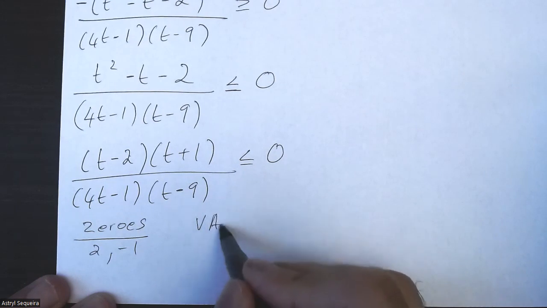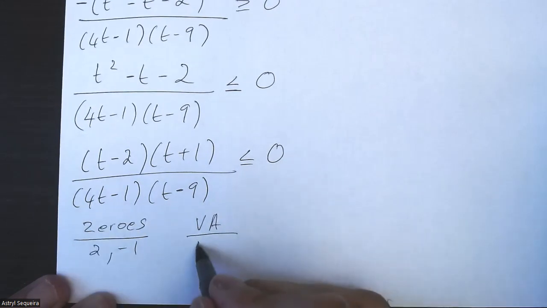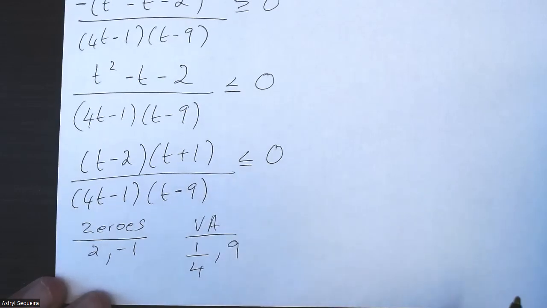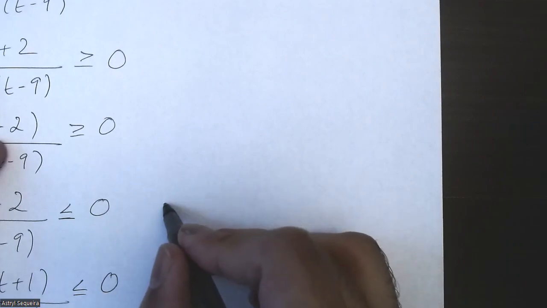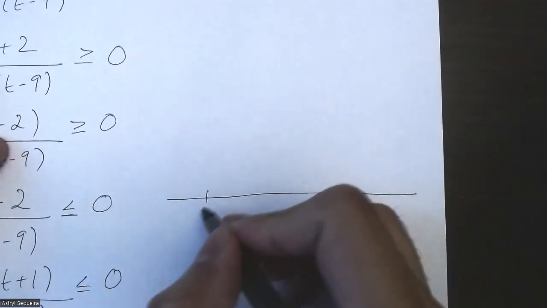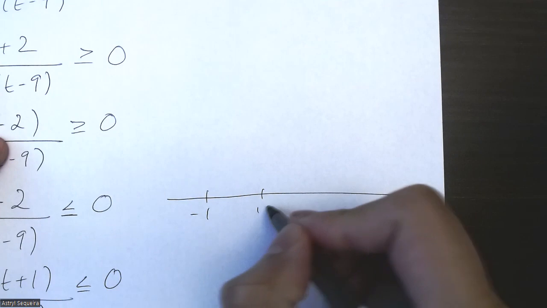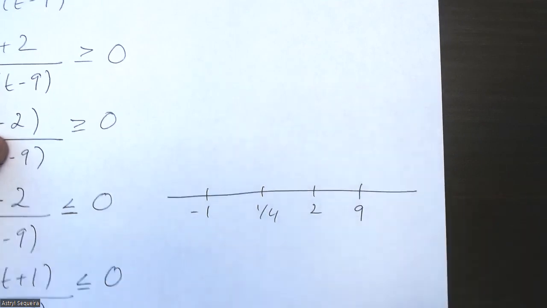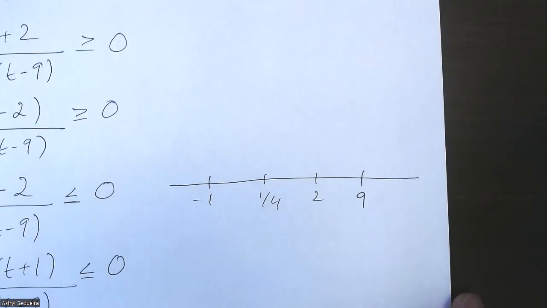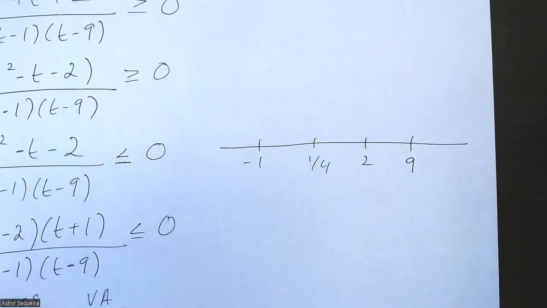And my vertical asymptotes are my solutions to my denominator, which are 1 over 4 and positive 9. I'll put these all on a number line and solve. -1 is the lowest, 1 over 4 is next, 2 is next, and 9 is last. And now I'll test each of these ranges.